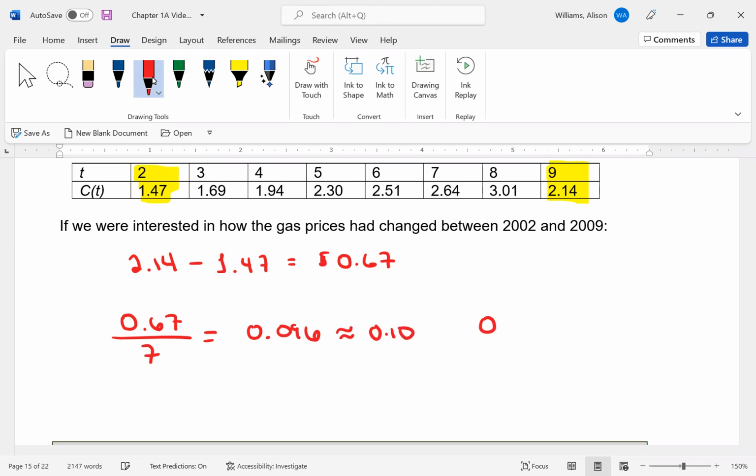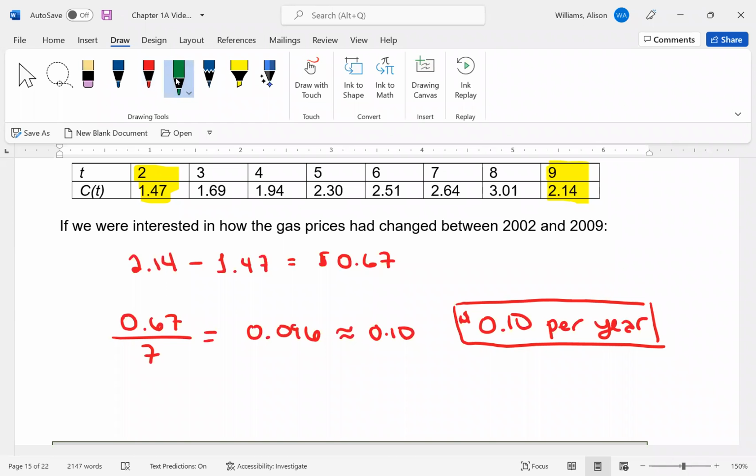So it's about 10 cents per year. Oops, if I'm going to write the word per, I don't need a slash, sorry, 10 cents per year. That is the average change per year. So it's going up 10 cents every year.